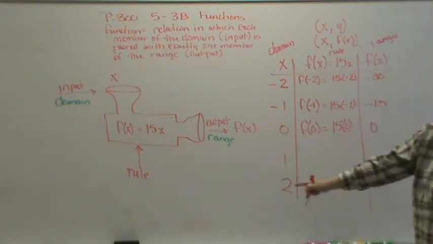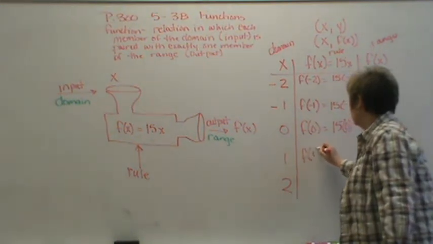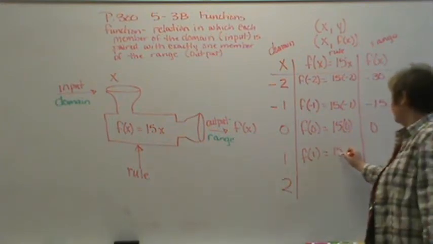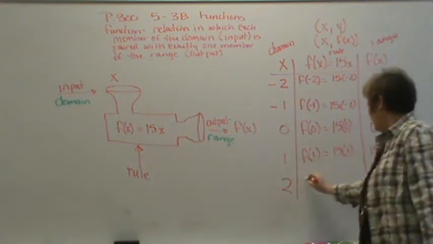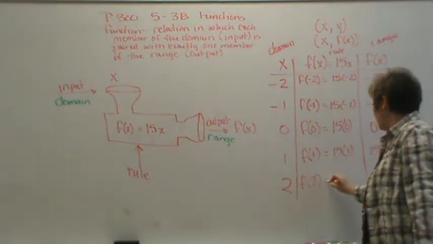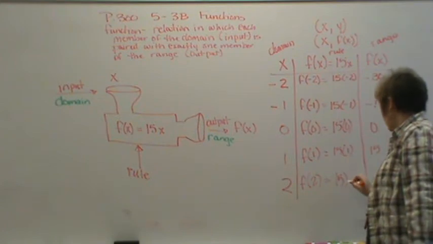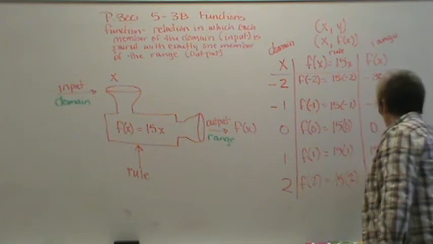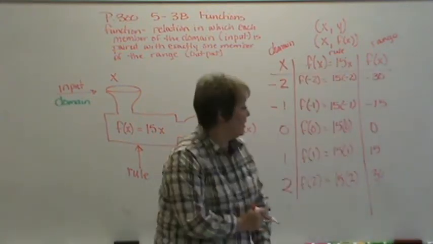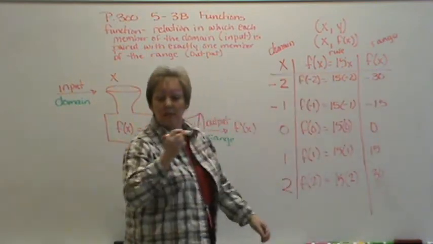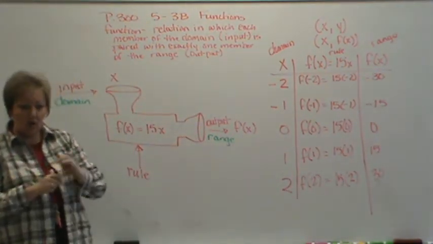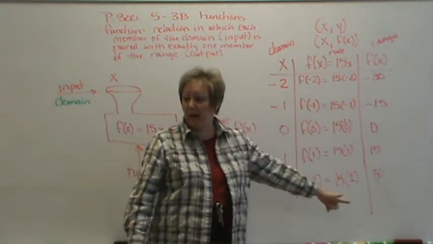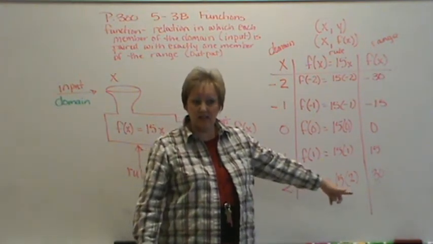When he starts to gain is if one person buys. So what's 15 times 1? 15. And if 2 people buy, 30. So his profit depends on how many people buy whatever knife it was he was trying to sell last night.